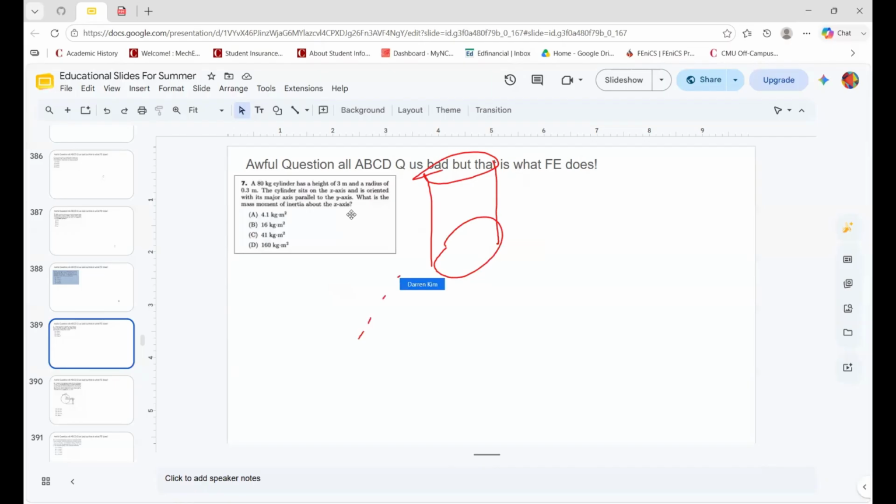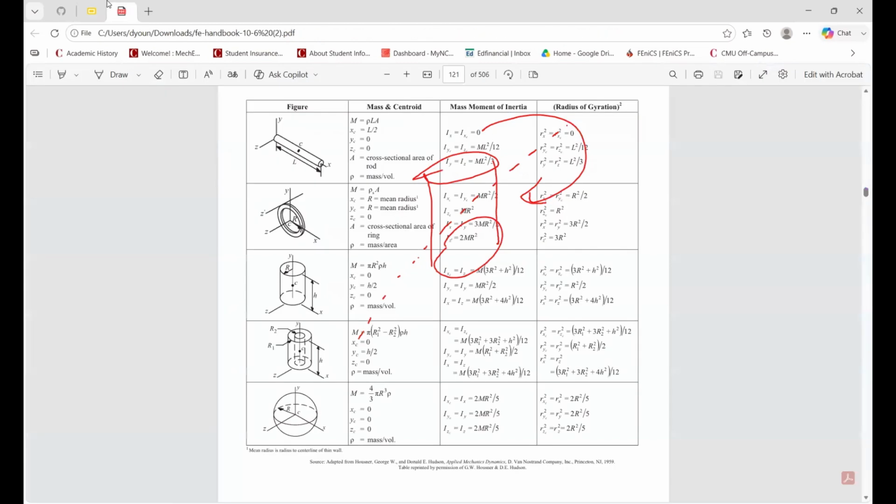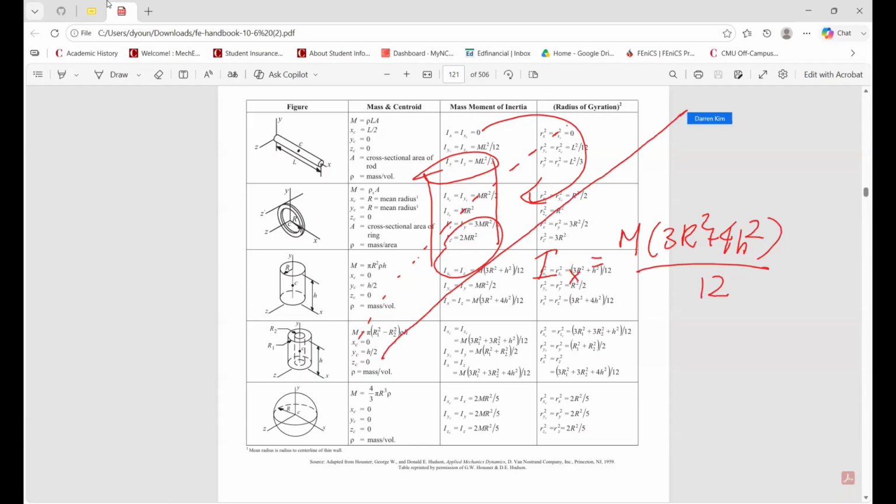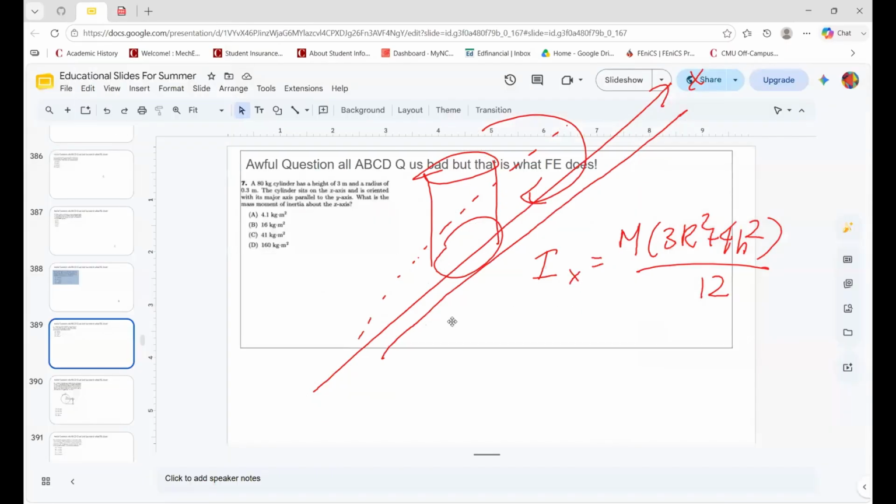So it's going to be a moment like this. Just need to double check. So that would mean Ix equals m(3r squared plus 4h squared), no, it would be 4, yeah, divided by 12, because I'm assuming it's sitting on it. So it's like that, that's the x-axis over there. With that being said, you just plug and chug at this point.